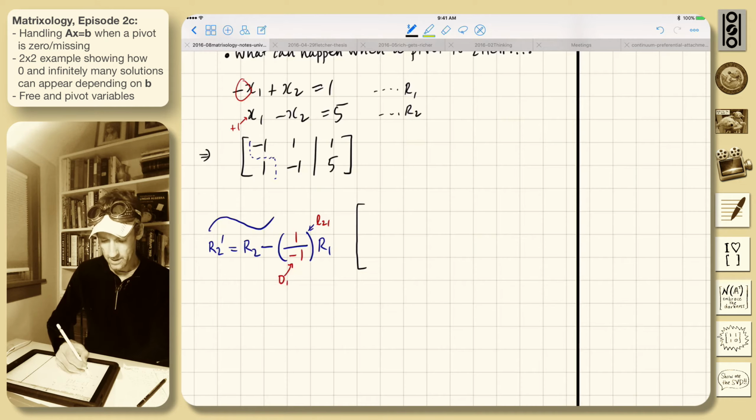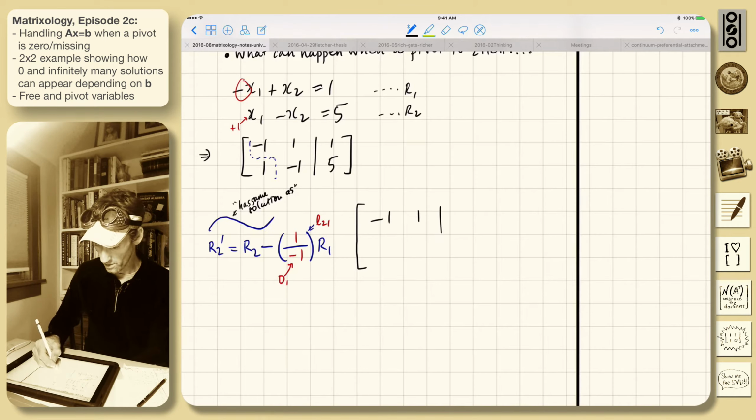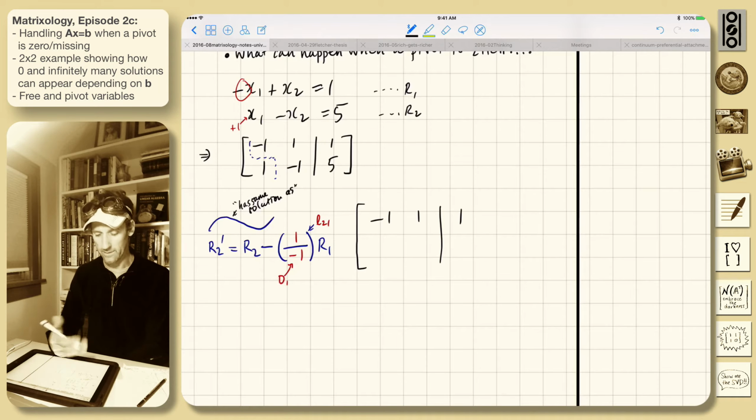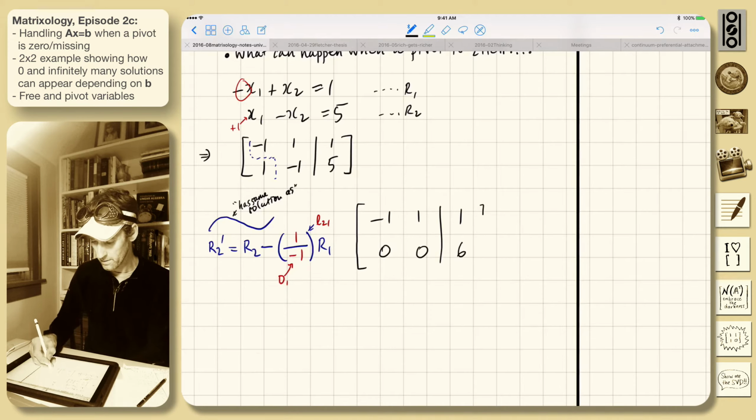It's not equal to; this means has the same solutions as. We're not changing the first row, but we're basically adding the first row to the second row. So that's easy: 0, 0, 6.